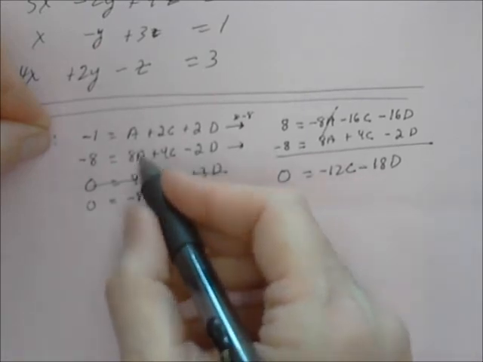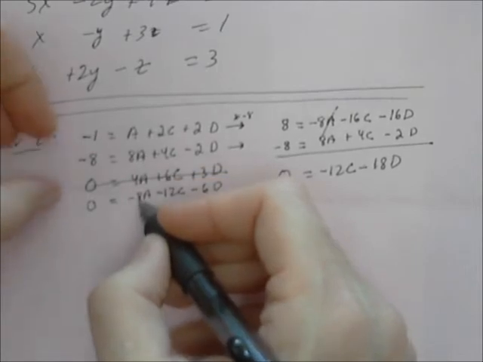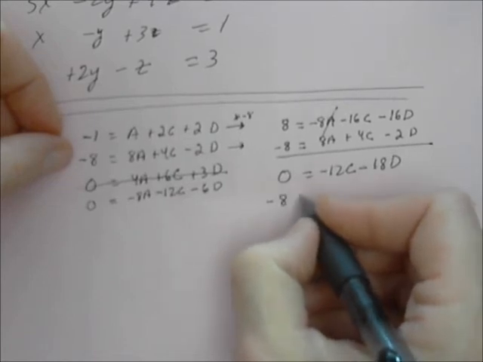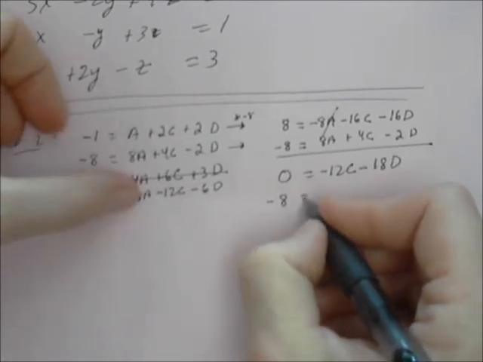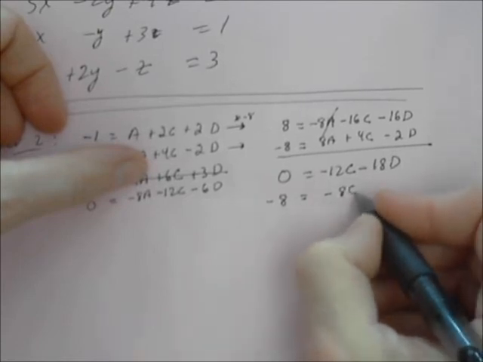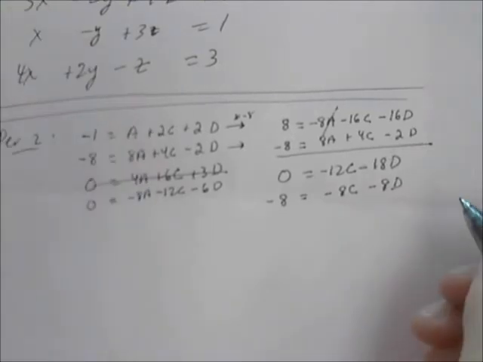So now I'm going to add those two equations together, the second one and the third one times -2. And when you add those, you get -8 is equal to, the a's went away, -8c minus 8d.